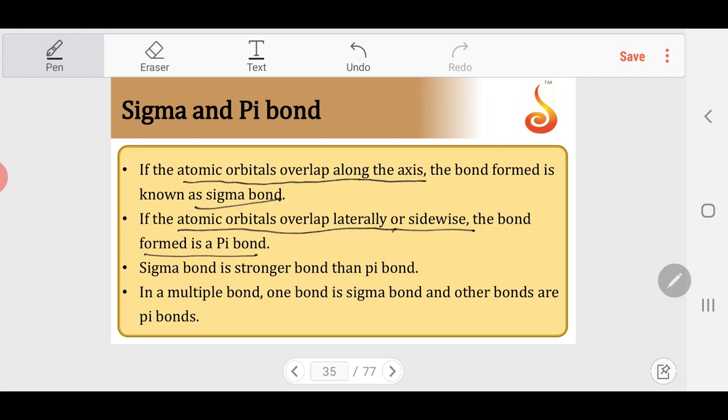Since in lateral overlapping the extent of overlapping is not very high, the pi bond is always weaker than the sigma bond. In a multiple bond, only one sigma bond exists, and the other bonds have to be pi bonds. So in a double bond, there is one sigma and one pi. In a triple bond, there is one sigma and two pi bonds.